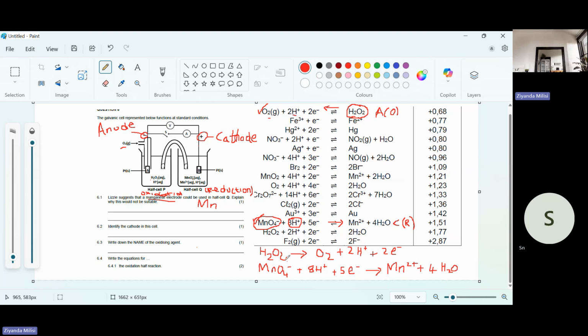Now, if you were to write the overall net reaction, you must balance the electrons. There are 5 here, there are 2 there. So we must multiply this by that, 2 times 5. We must multiply by 5 here, and here we must multiply by 2, so that you balance your reaction.